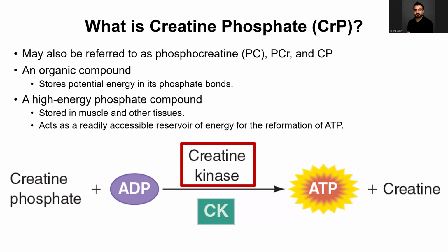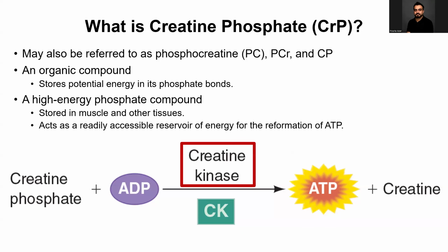And as you can see, one molecule of creatine phosphate can replenish just one molecule of ATP. So just one creatine phosphate, we get one ATP replenished. And this enzyme is very important. Creatine kinase is an important enzyme for the creatine phosphate energy system.